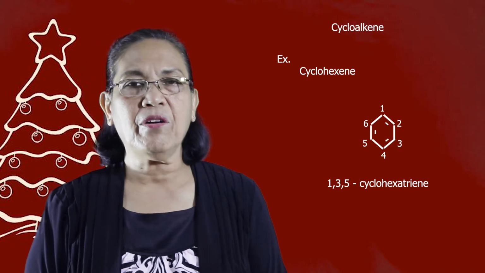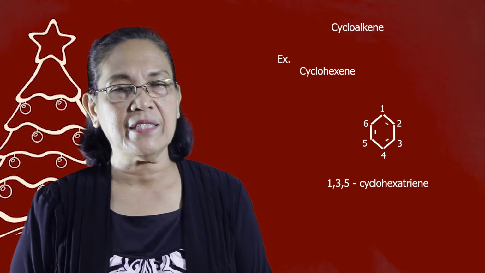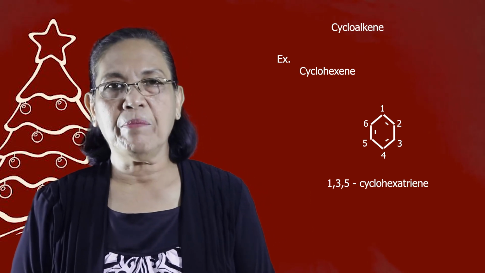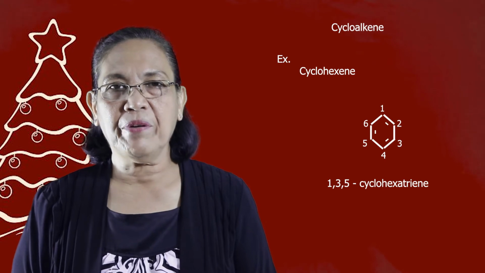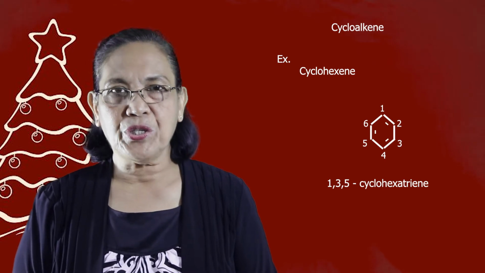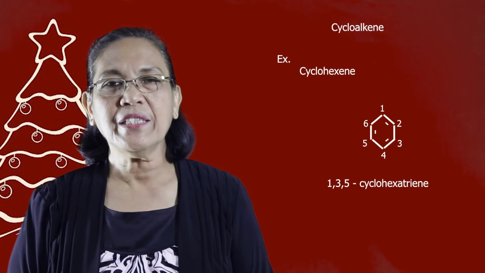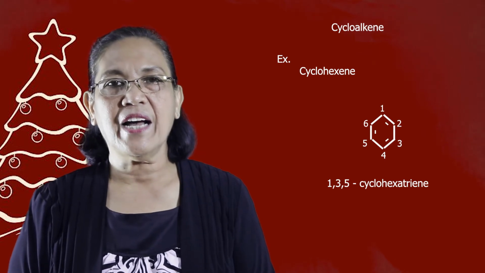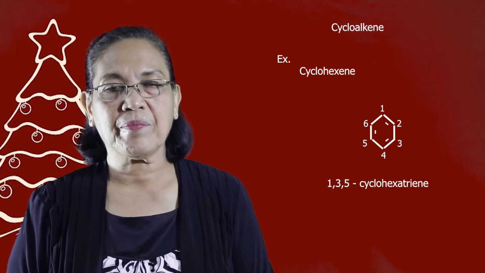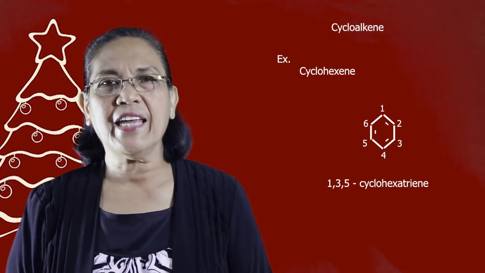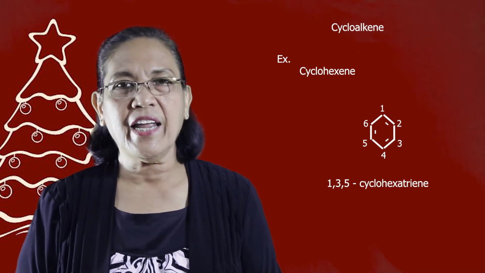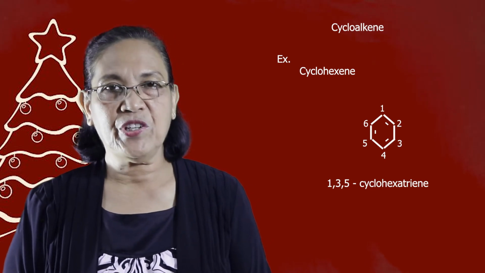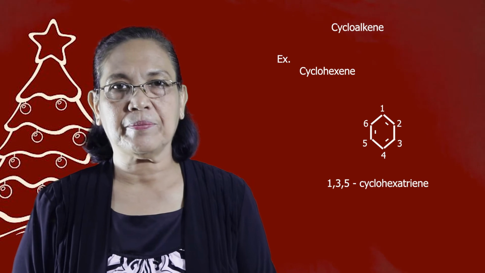So how do we name this cyclic structure? Now, we know that the locations of the double bonds are in carbon 1, carbon 3, and carbon 5. So, you have 1,3,5-cyclohexatriene. Why triene? Because there are 3 double bonds present in the cyclic structure, which is an alkene.